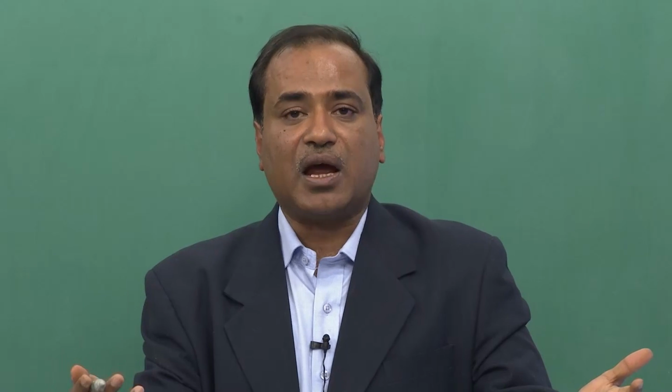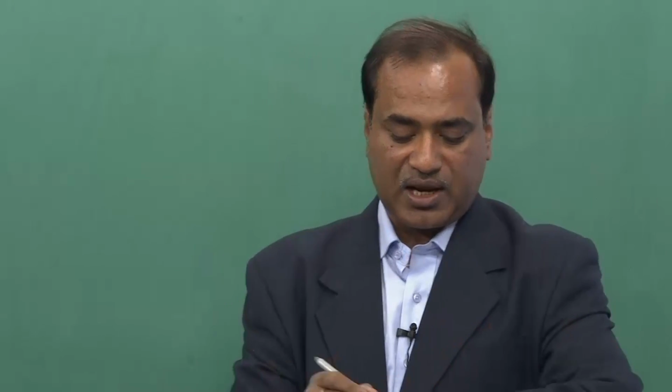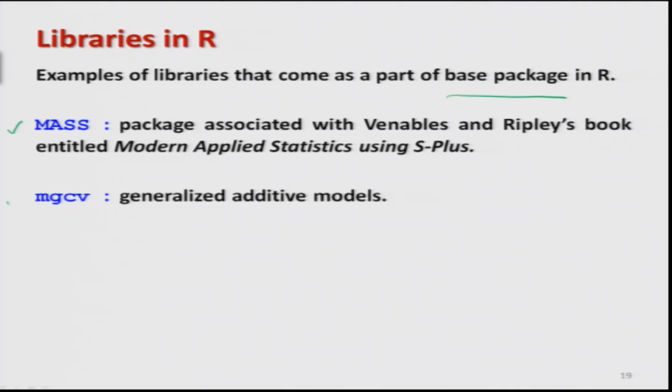Some built-in libraries which come as a part of the base package in R are MASS and MGCV. Please remember one thing, this is capital M, capital A and capital SS.